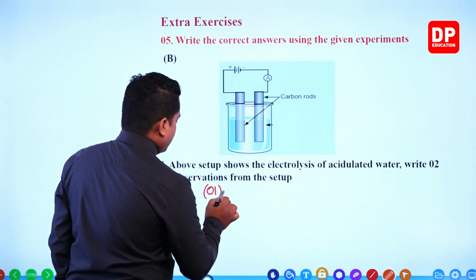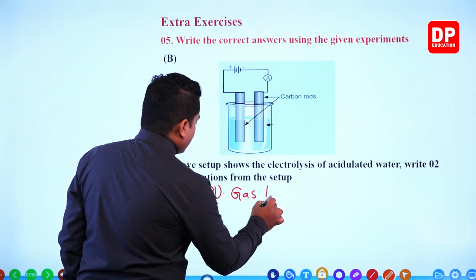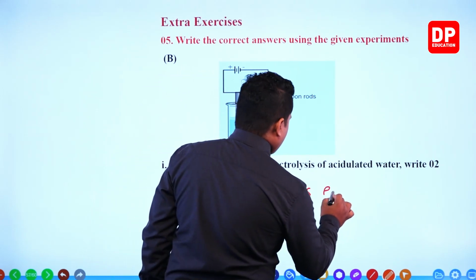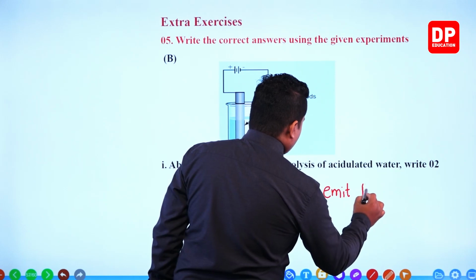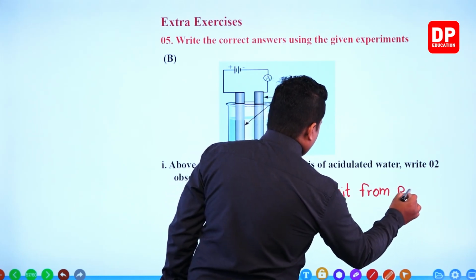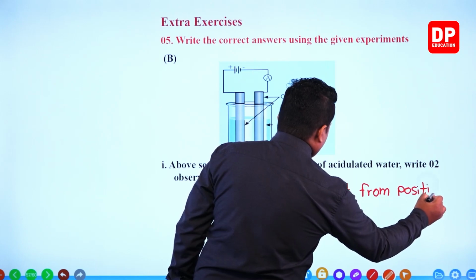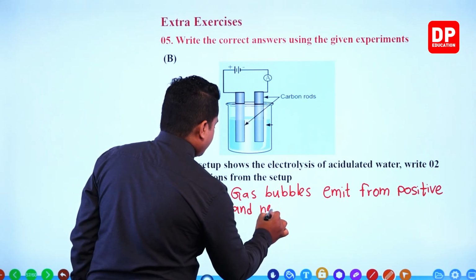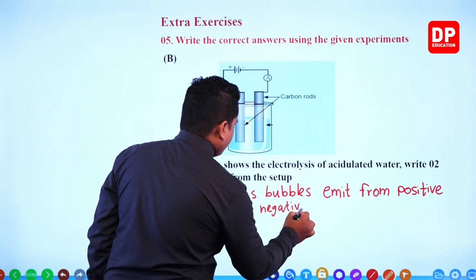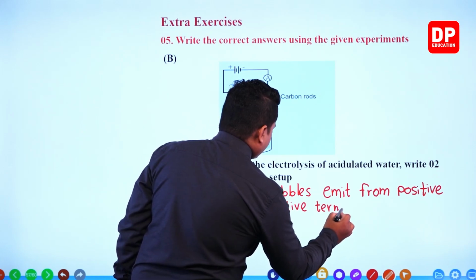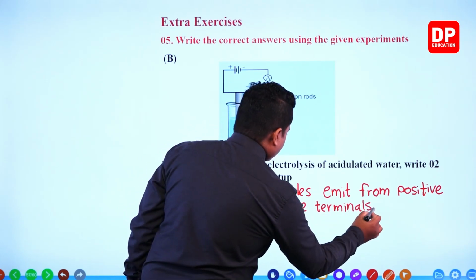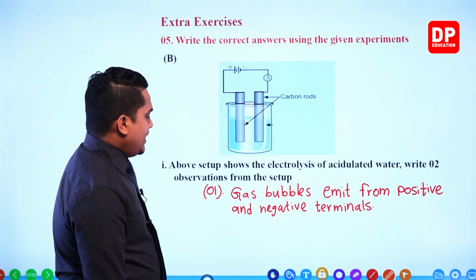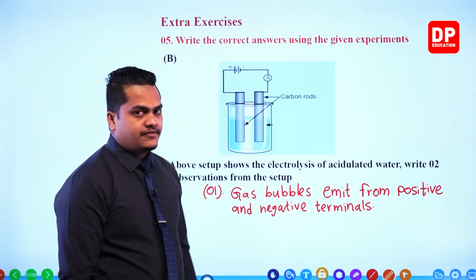Number one, gas bubbles emit from positive and negative terminals. This is the first observation.